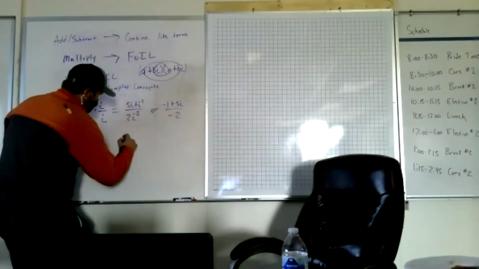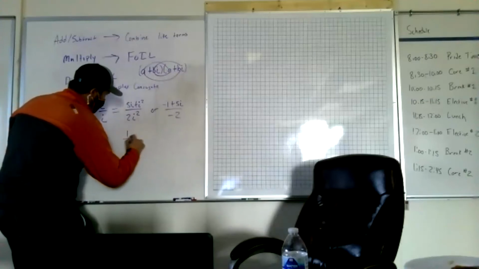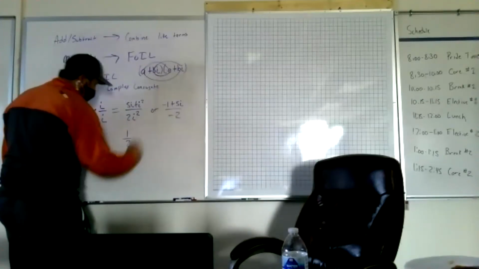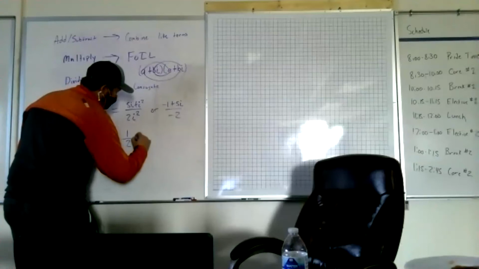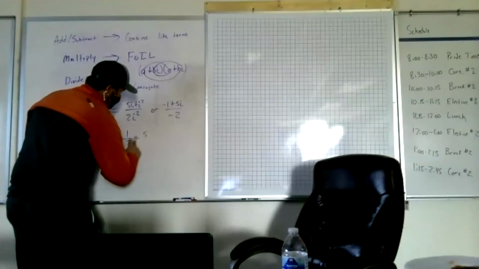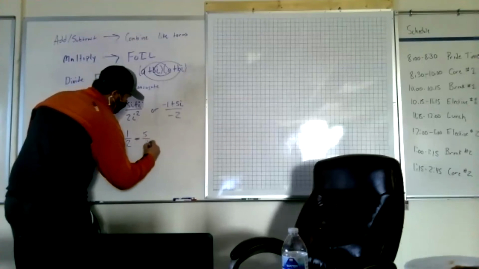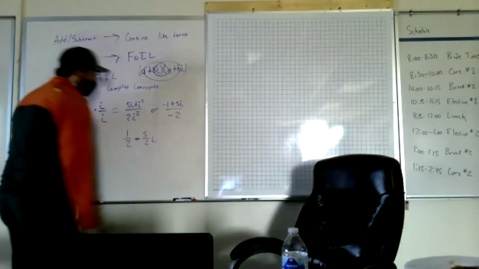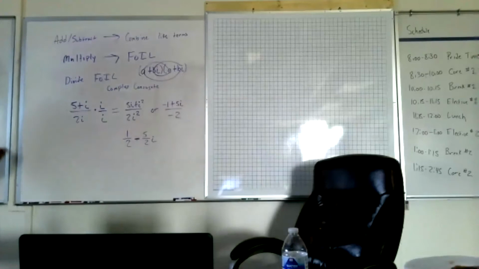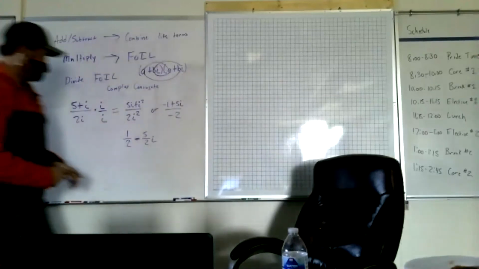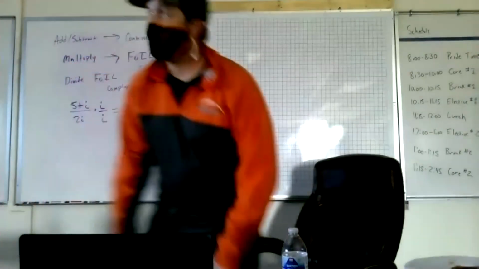Write it into our form as 1/2, because negative 1 divided by negative 2 makes it positive, minus 5/2 i. That would be our final answer here.